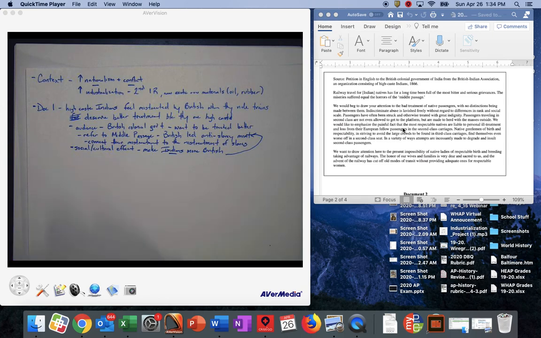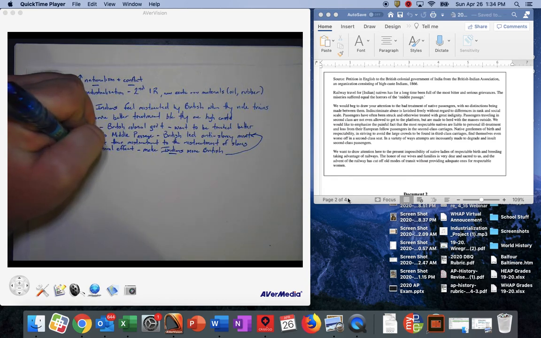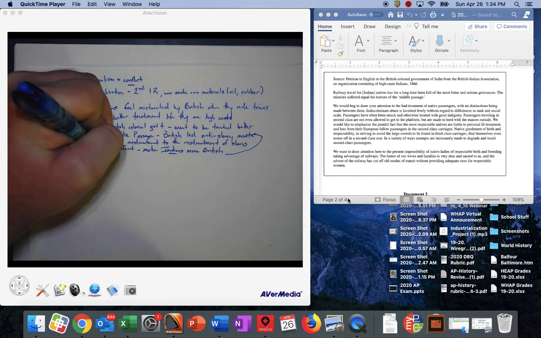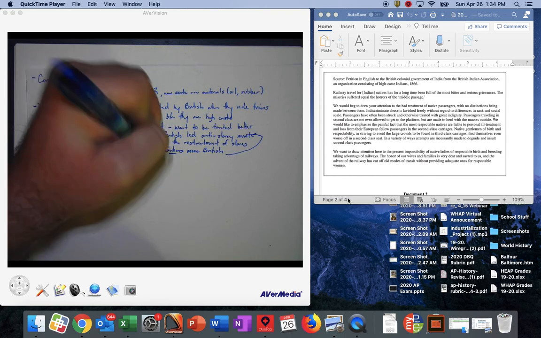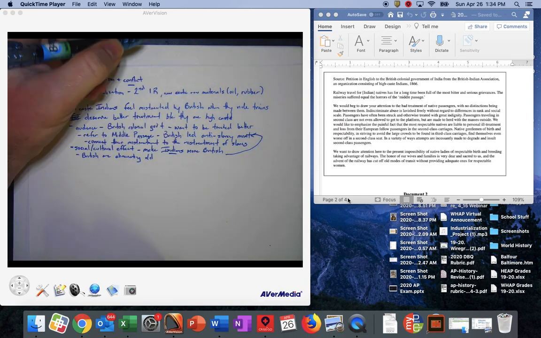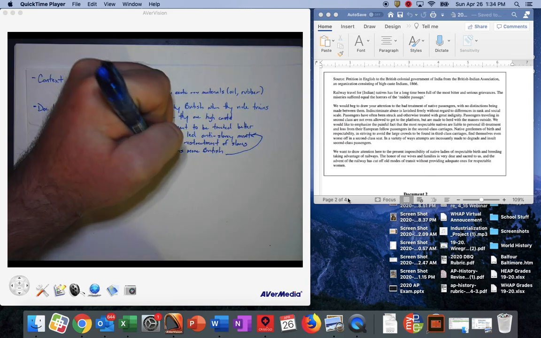There's another bit of evidence here in this passage because it also says that the British are eliminating old modes of transit.